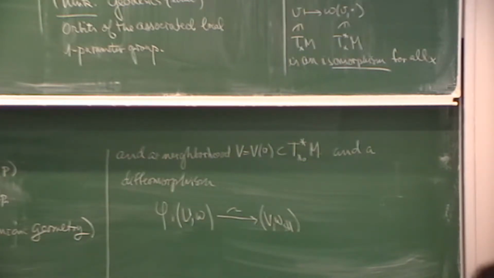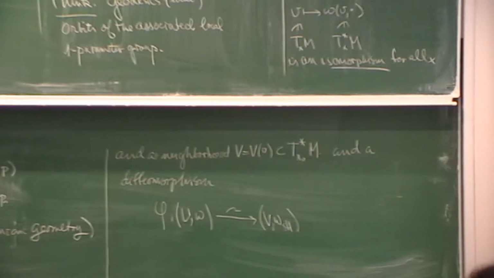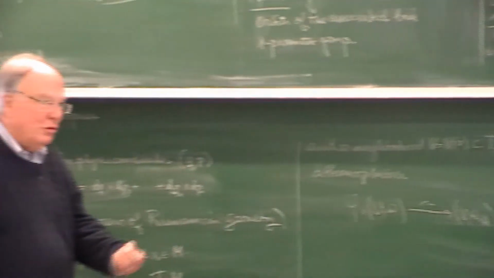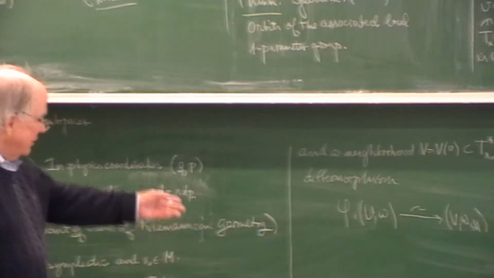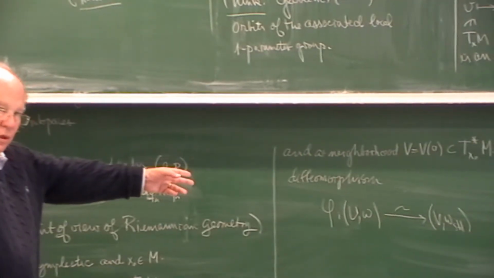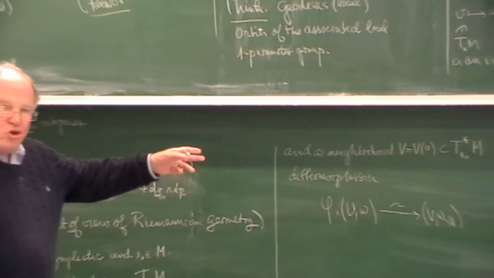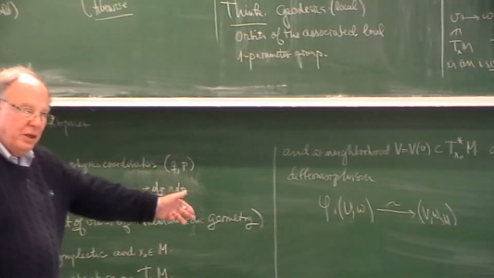You have a point. You have a structure on the cotangent space at that point. Those are two completely different things, right? That says there's an isomorphism between these two completely different things. That says that there are no local invariants in symplectic geometry.